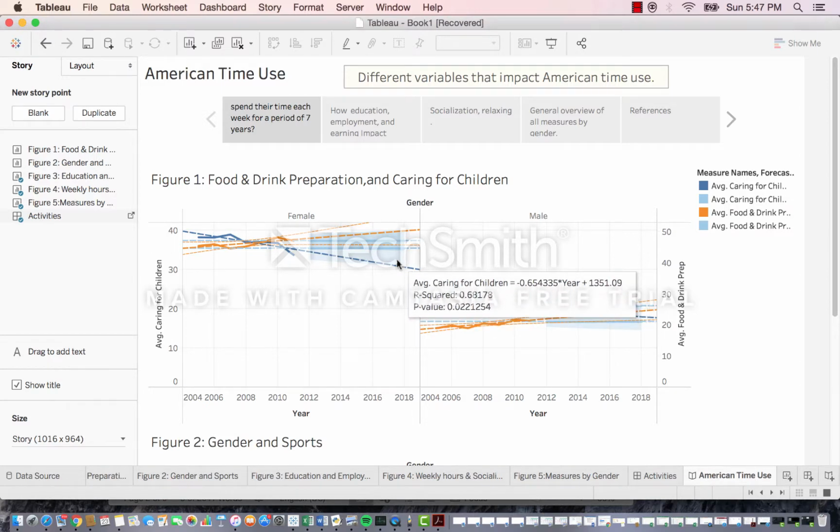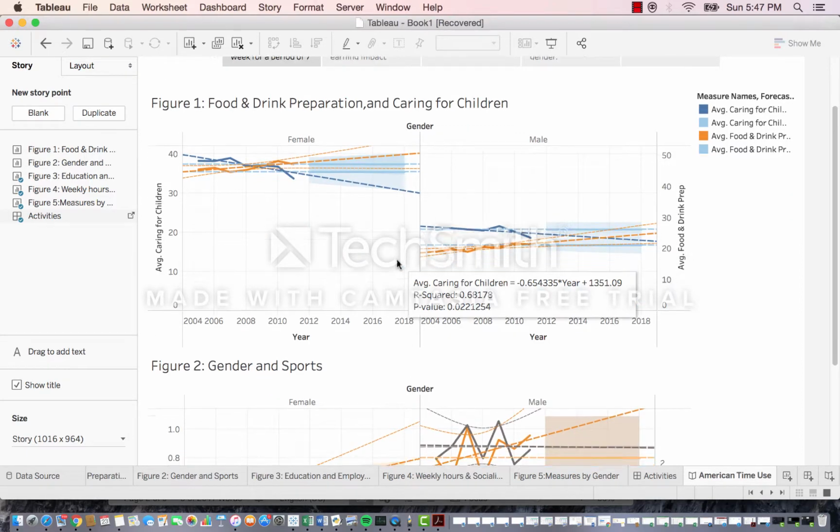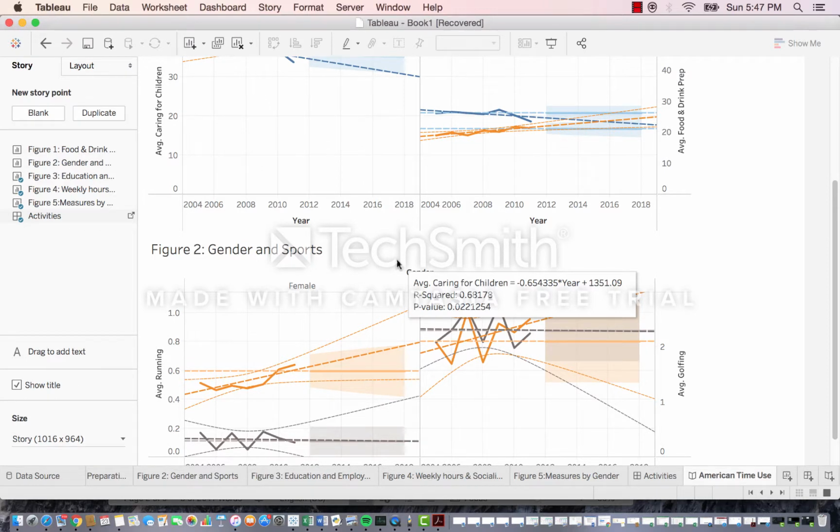You can also see from the p-value and the r-squared computations that the data is a good fit for the model, because the p-value is way smaller than 0.05, and the r-squared value tends closer to 1. The next table we're going to look at is how sports impact American time use.